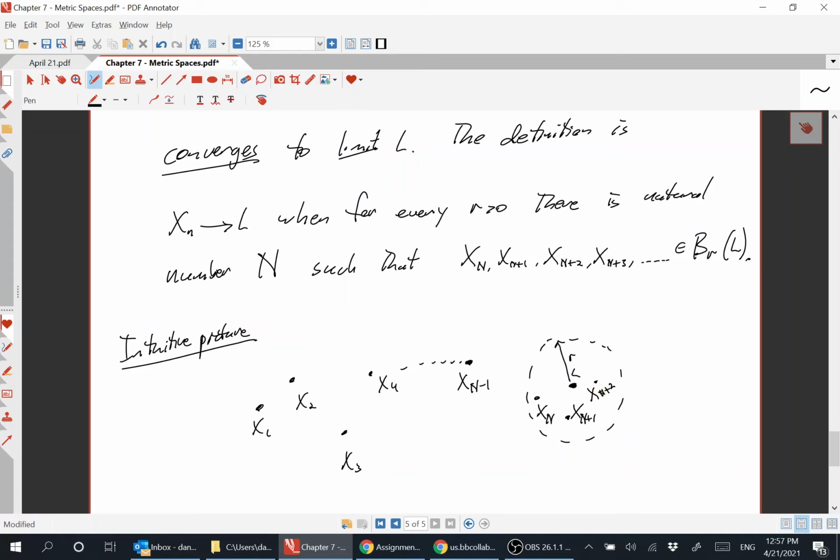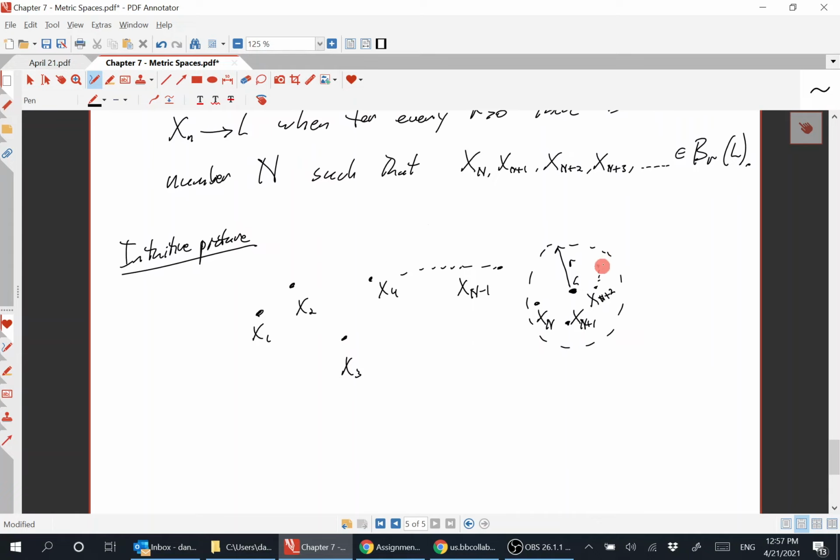At some point, you're going to get stuck inside that ball. Not that you weren't in there before. Maybe x20 is in there, but then x21 comes back out. That's fine. You can go in, out, in, out of that ball of radius r around L, but at some point, you get stuck inside that ball.